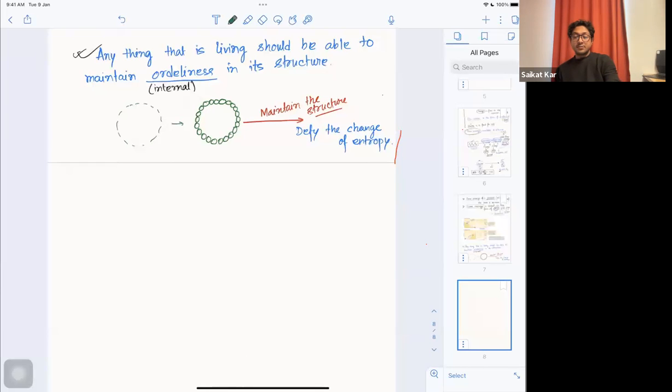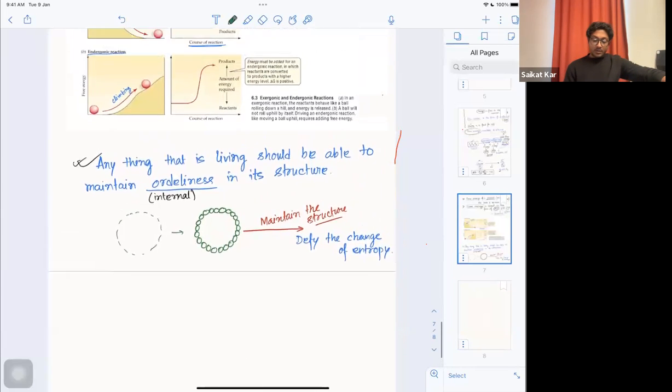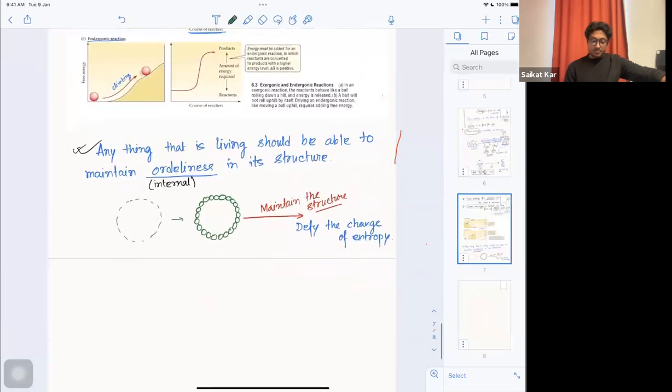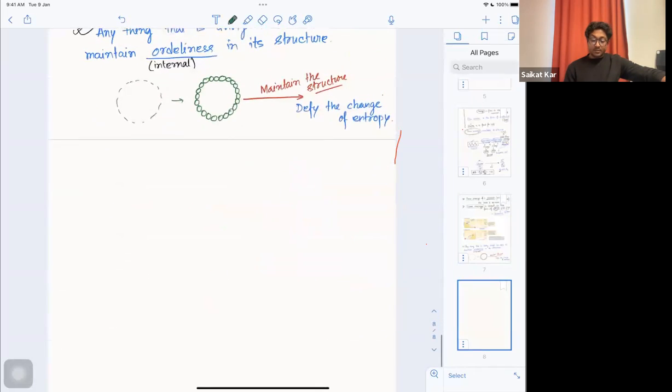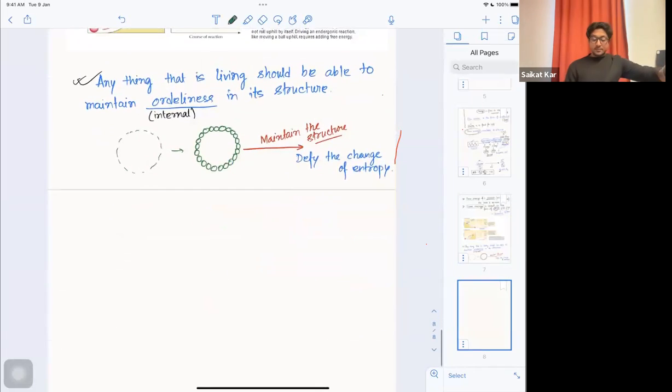So with this we have understood a little bit of the basics of cellular organization and living organisms.